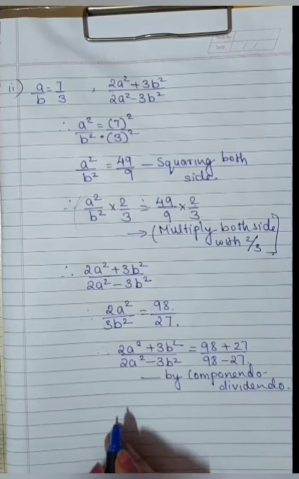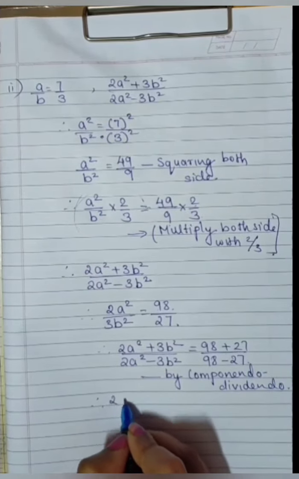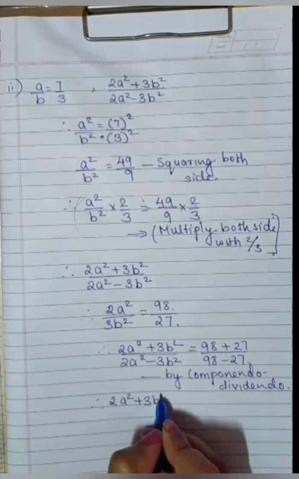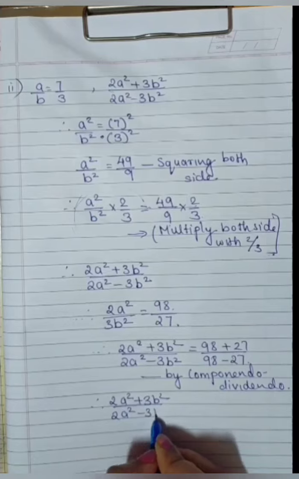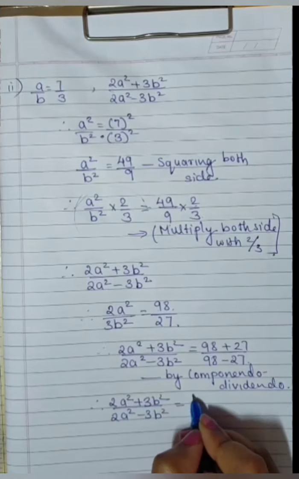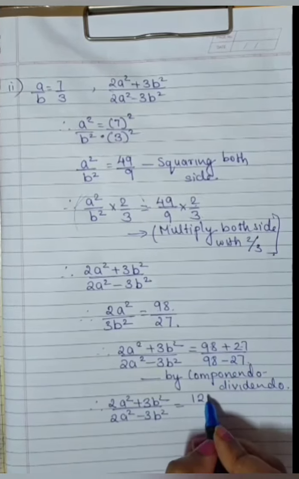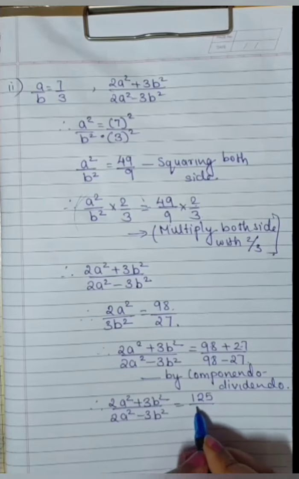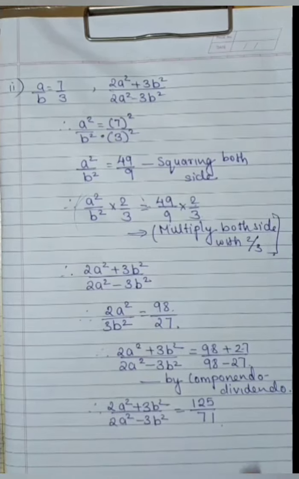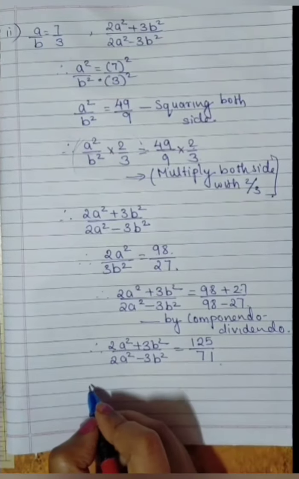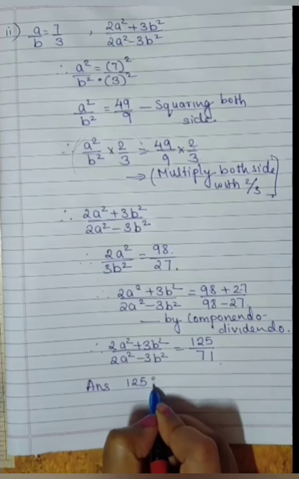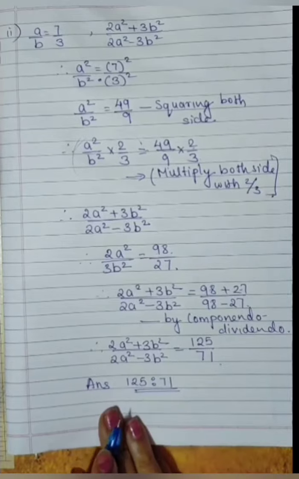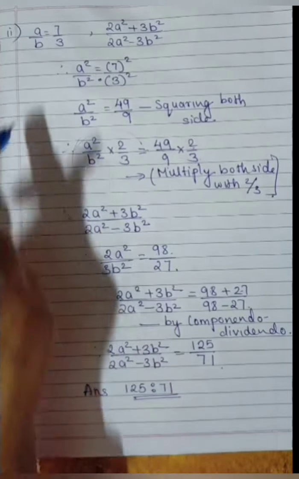After adding we'll get 125 upon 71. Now here our answer is 125 is to 71, the answer of sum number 2.